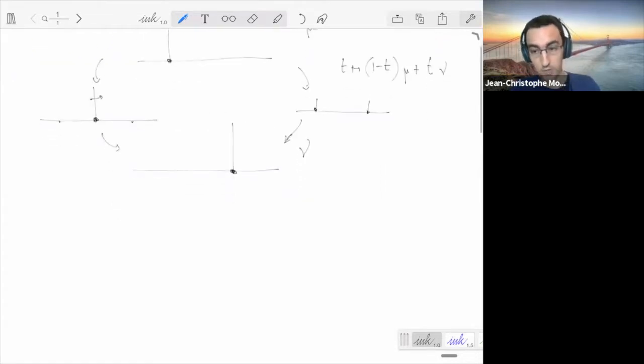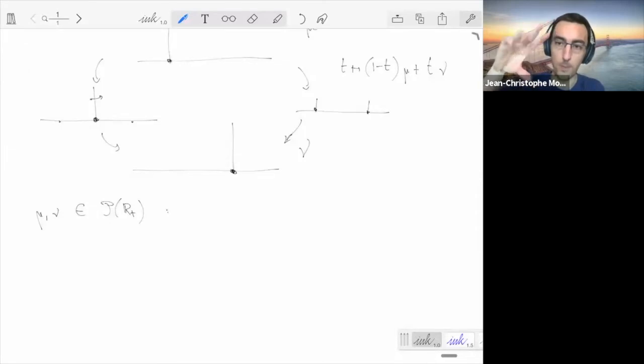In general, if I have two measures, mu and nu, in the space of probability measures, I can first identify the optimal transport between the two measures, and this is a coupling between the measures mu and nu.